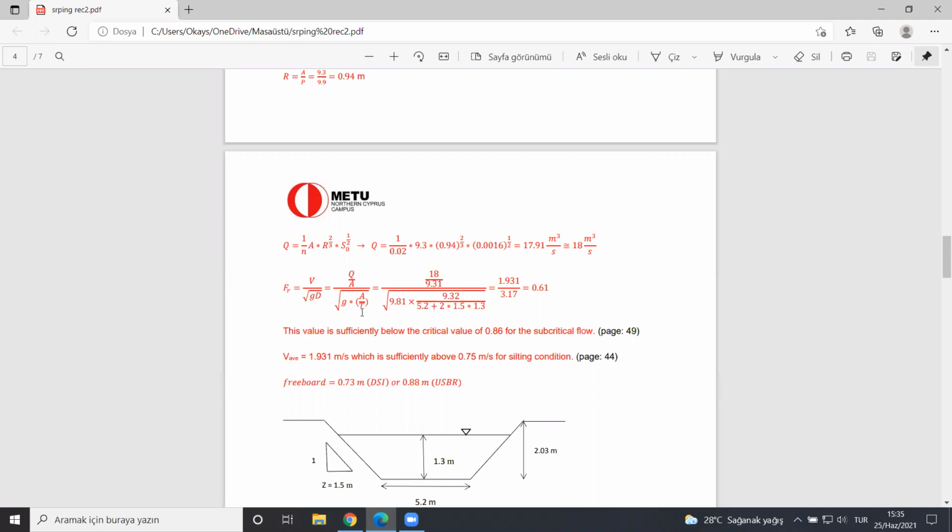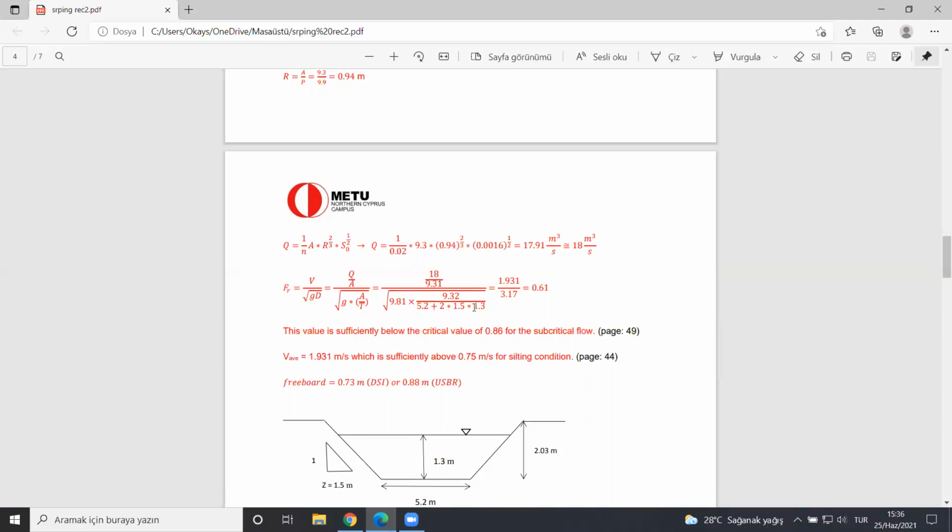It is A over T. You can find these from your open channel equations. And what is velocity? Discharge divided by the cross-section area, of course. Since we know all the numbers here, discharge was 18, cross-section area should be 9.3. Gravitational acceleration is 9.81, cross-section area, again, should be 9.3. I don't know why I wrote 1.31 here and 9.32 here. It should be 9.3 here and here as well.